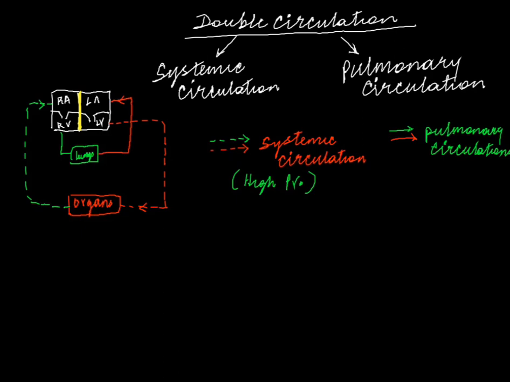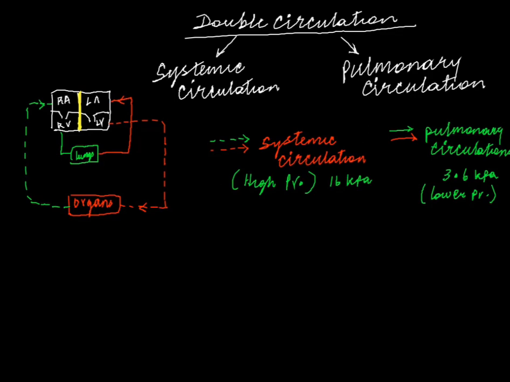The pressure here is around 16 kilopascals in a normal healthy person, whereas the pulmonary circulation is just about 3.6 kilopascals, which is still high but relatively lower. So this is a lower pressure circulation, but I'm not saying it's low. I'm saying it's lower than the systemic circulation.